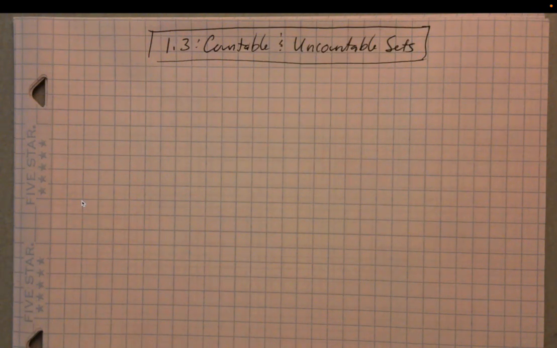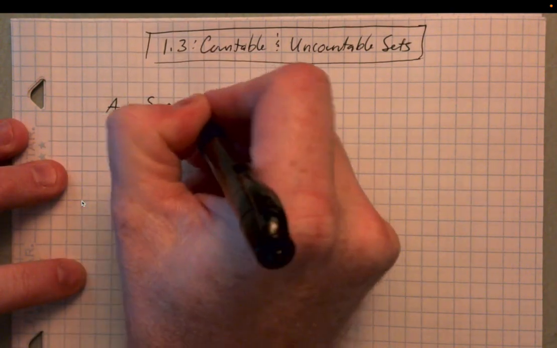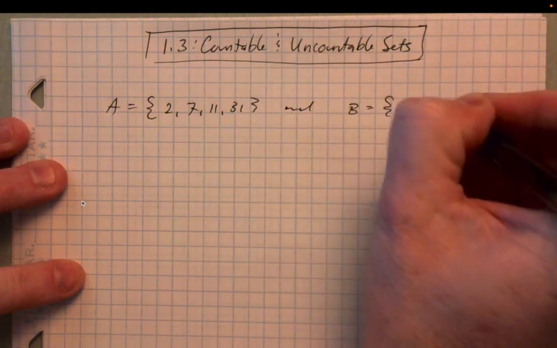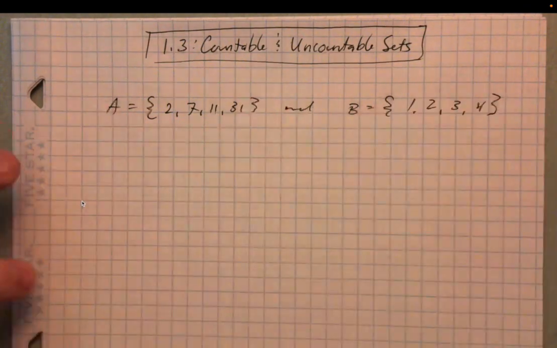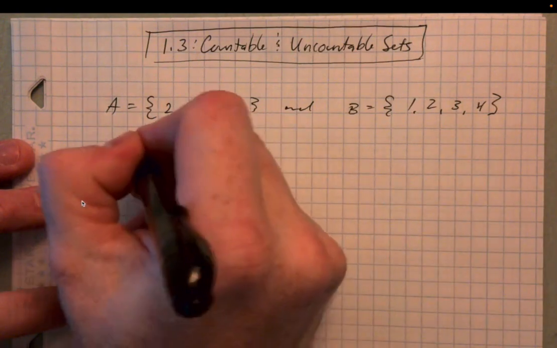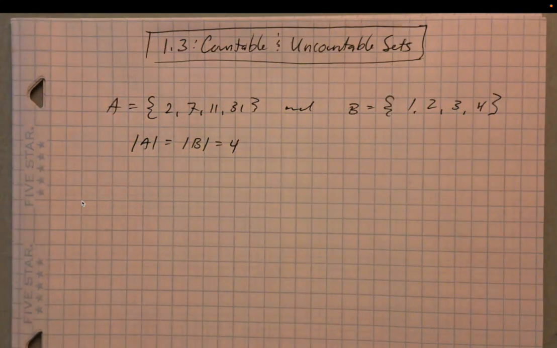So if I have A equals {2, 7, 11, 31}, and another set B that is {1, 2, 3, 4}, then just by looking at this and counting the elements in each set, we know that the size of A is equal to the size of B, which is 4 in this example.